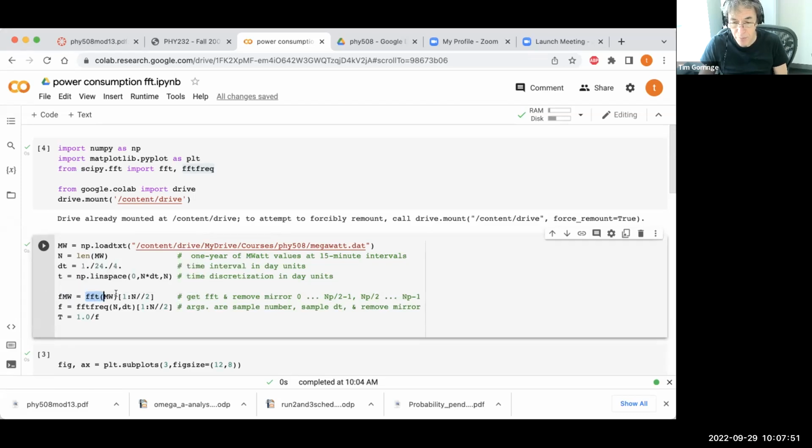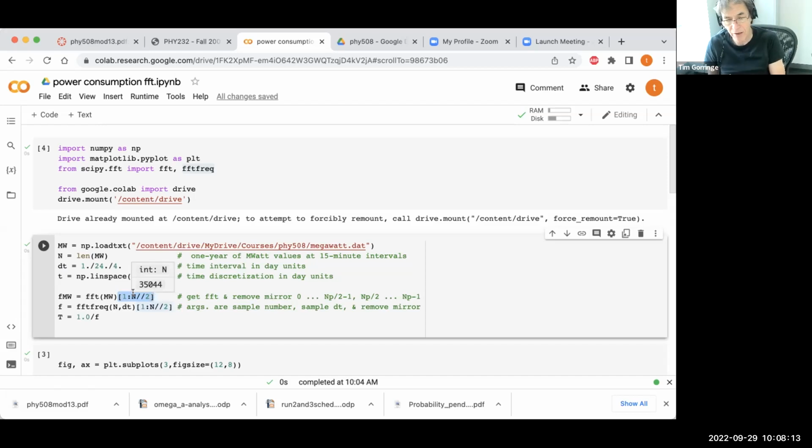And there's one little point here that, as I mentioned in class, the data in the frequency domain contains the data and a mirror of the data. So the bottom half of the frequency array is the frequency distribution of the data.